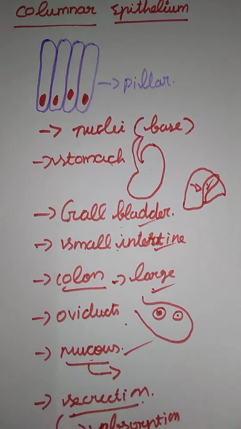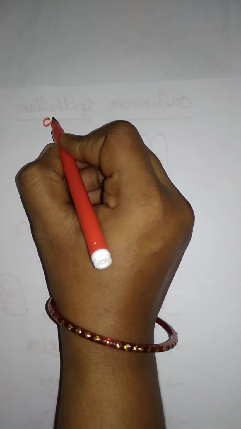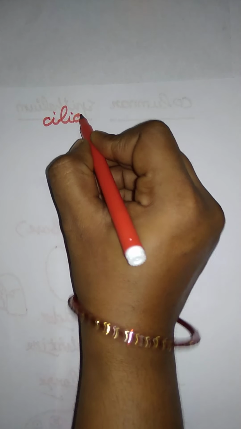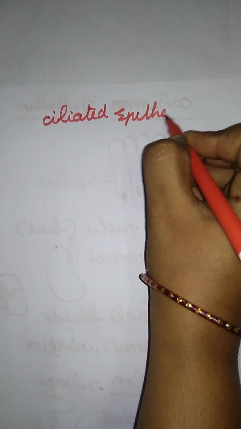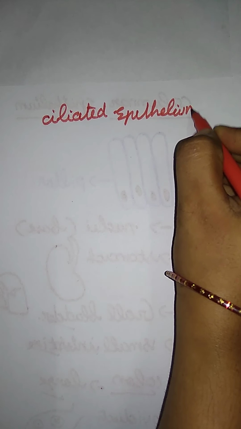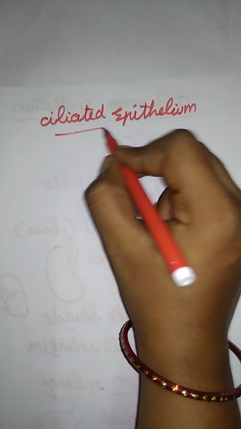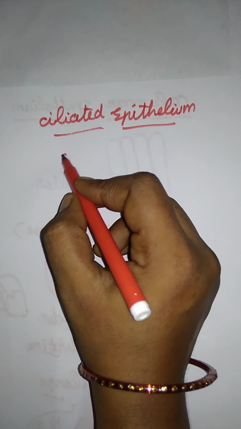Let me move on to the next one, ciliated epithelium. Here in the ciliated epithelium, we already said that they are having ciliary muscles.